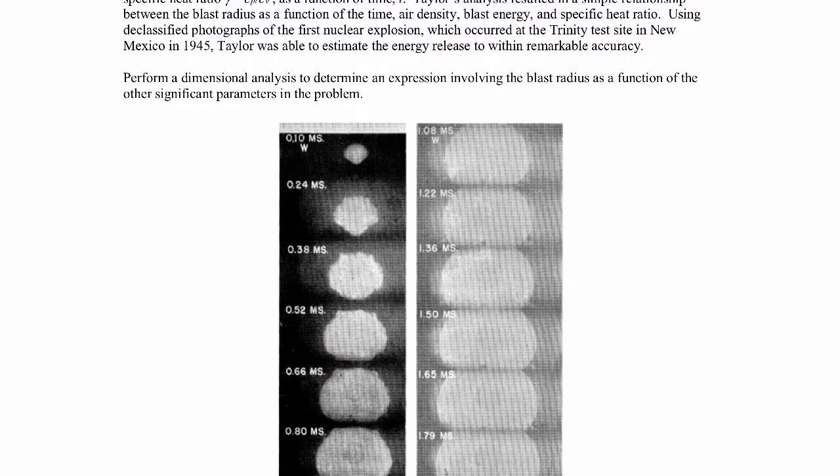And that really freaked out the American government, because they thought that somehow someone had leaked information about the energy release, but Taylor didn't receive any information from a spy or anything like that. He was just able to figure it out from a dimensional analysis and some photographs. So a really neat example of dimensional analysis.